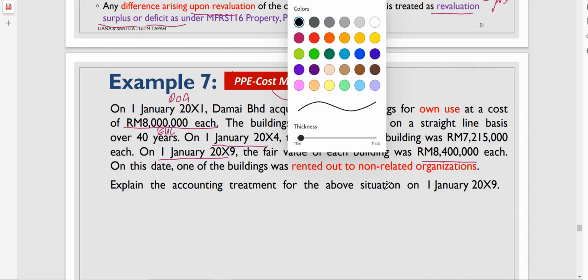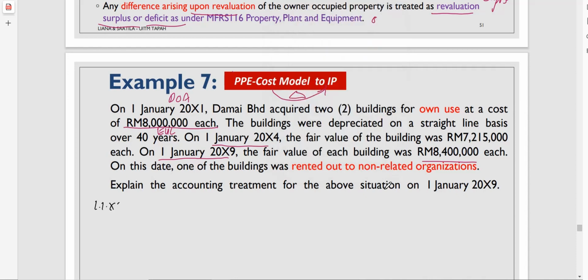So let's just do that. And you have here 1st of January X7, where you have acquired a PPE. So this is a PPE building, where you are informed that the fair value of each building was 8.4 million each. So let's look at what you have. The expected useful life is 40 years. For each of the buildings, remember you need to do it separately.